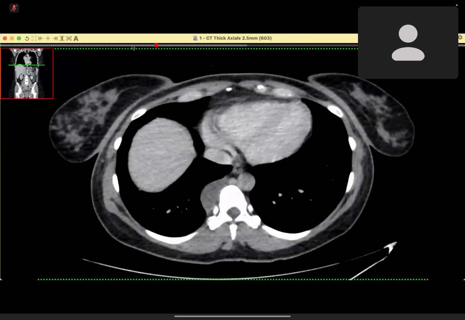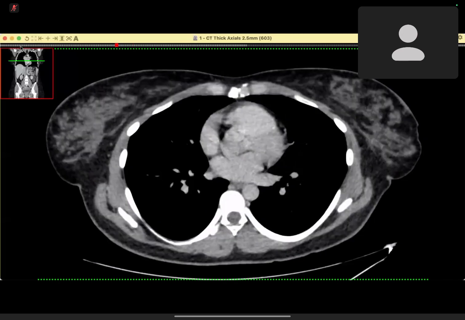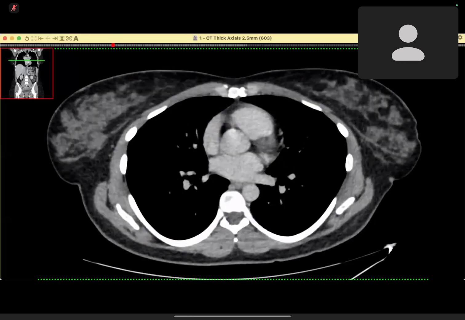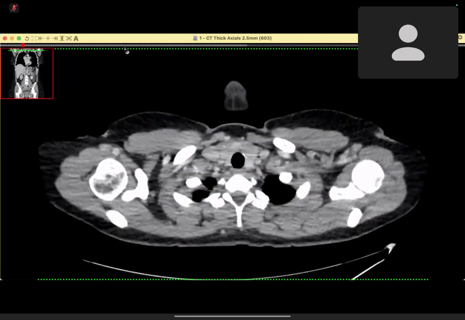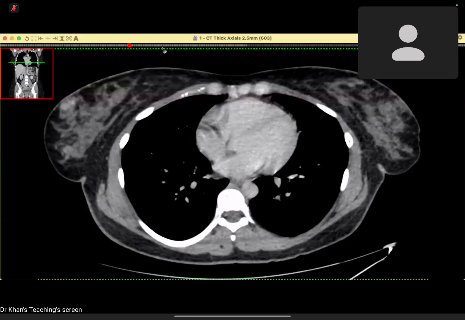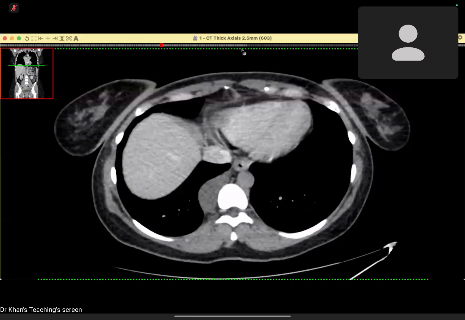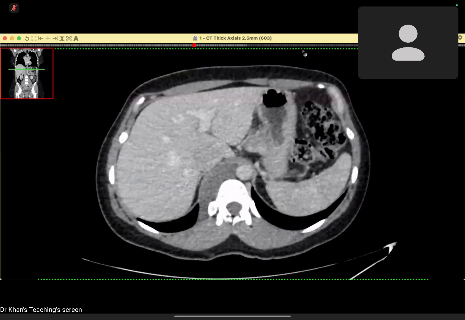I'm presented with axial post-contrast images of the chest and abdomen. I'll go through the images before starting commenting.